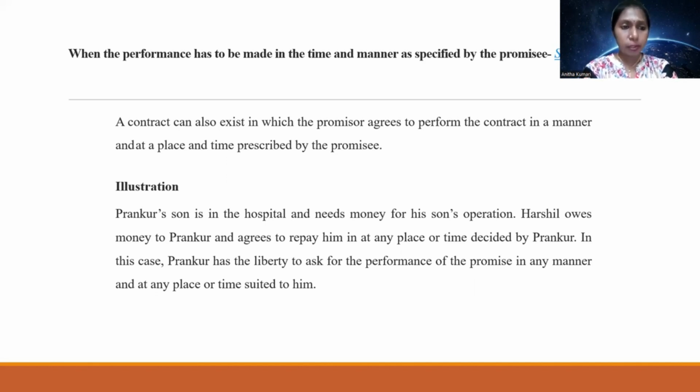Example: Pranku's son is in the hospital and needs money for his son's operation. Harshal owes money, owes means has been given, to Pranku and agreed to repay it at any place or time decided by Pranku. In this case, Pranku has the right to ask for the performance of the promise in any manner, at any place and any time. Do you understand?